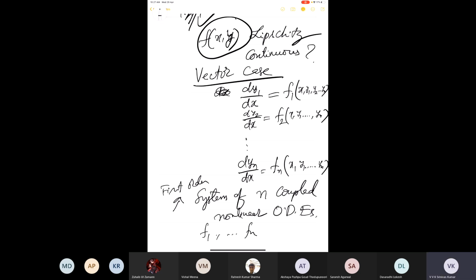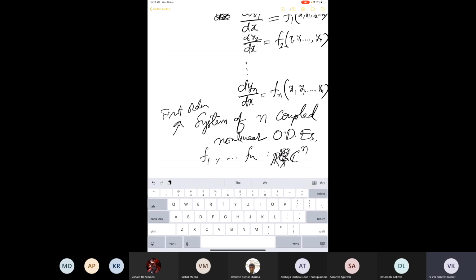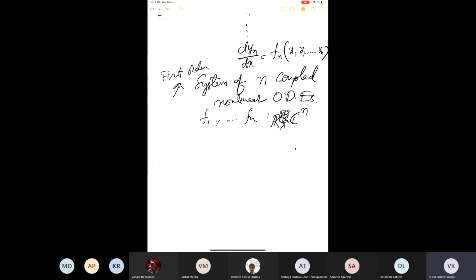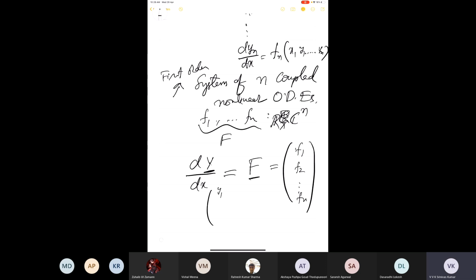These are vector functions, f1 to fn, defined on R cross C^n. Now let us write this with capital F. So we have dy bar by dx is equal to F bar of x, y bar, where F bar is equal to f1, f2, up to fn, and y bar is equal to y1, y2, up to yn.